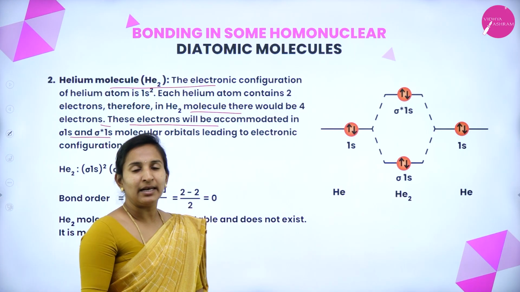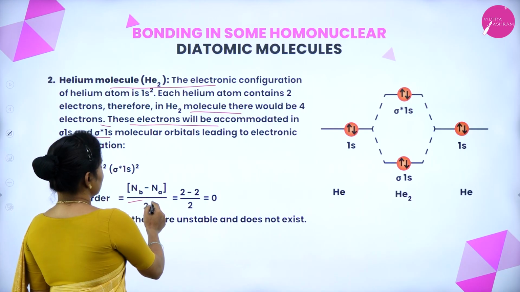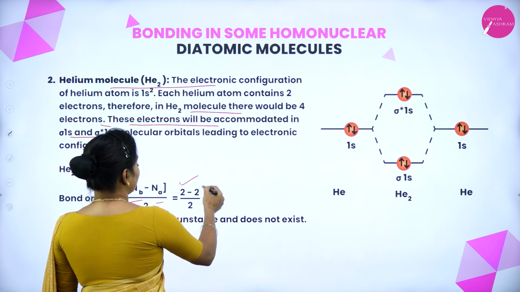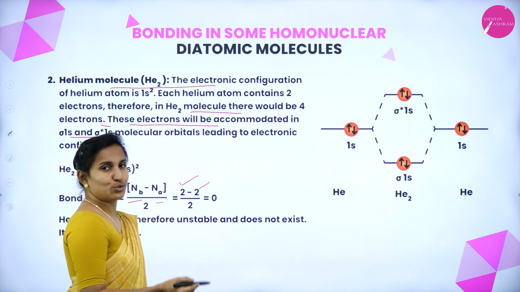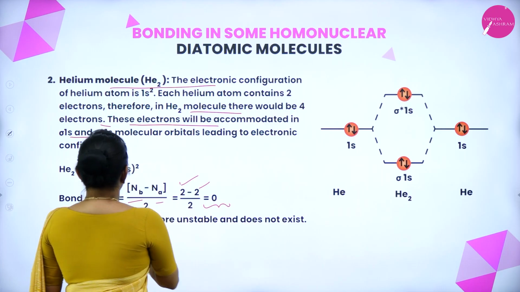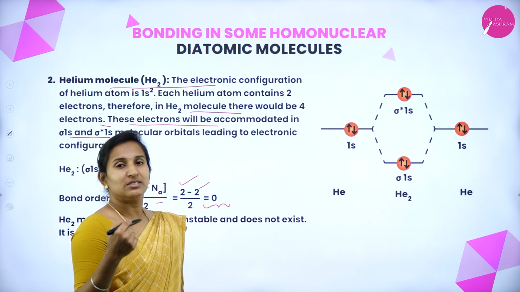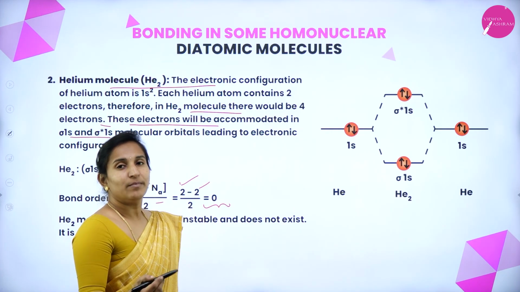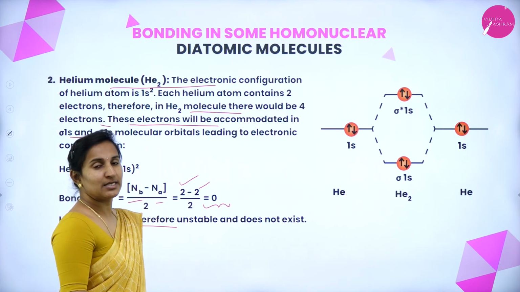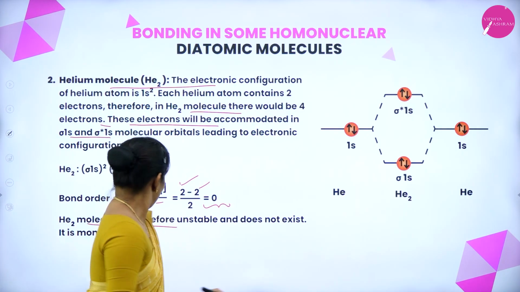When we calculate the bond order, that is (Nb minus Na) divided by 2, with Nb and Na being 2 and 2, we get 0. Therefore, He2 is not a diatomic molecule because the bond order is 0. It does not exist.